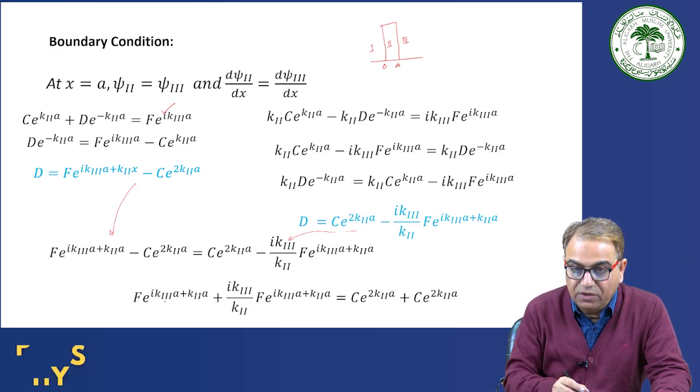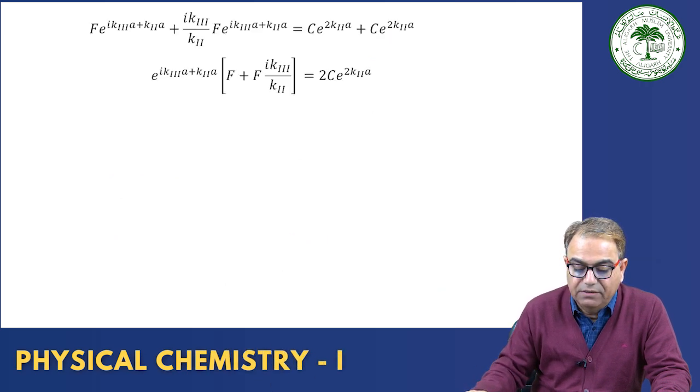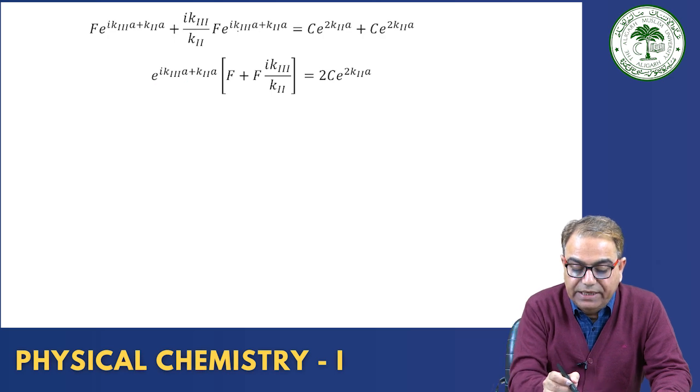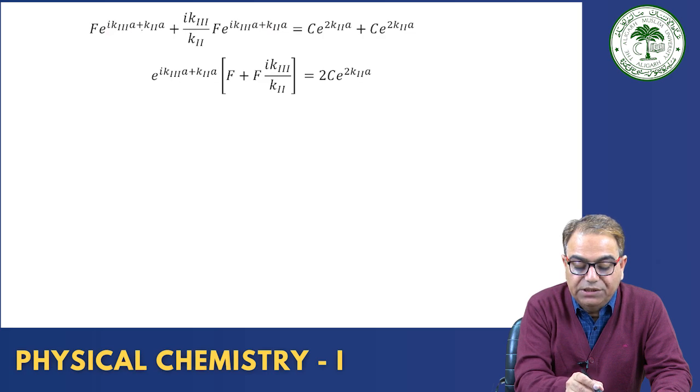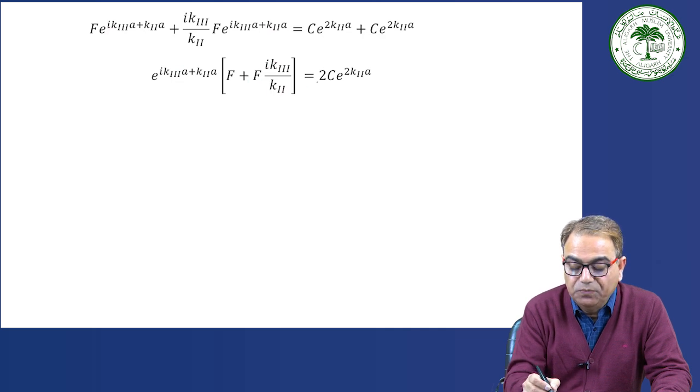Okay, F term on the left hand side, C term on the right hand side, and then further F term on the left hand side. So take a exponential i k3a plus exponential k2a. Here also you have exponential i k3a plus k2a. So take this exponential term common. Then you have F plus F i k3 divided by k2 is equal to 2C, the same 2C exponential 2k2a.